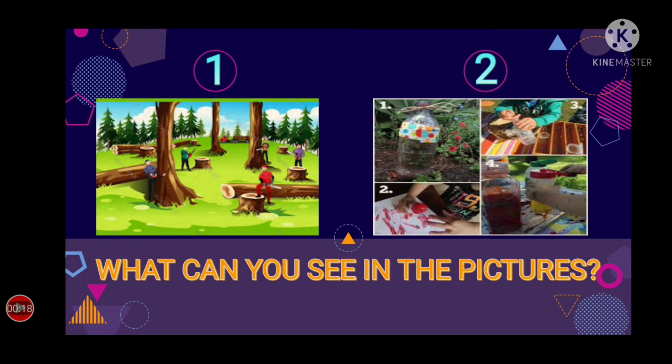What are they doing in the first picture? Yes, they are cutting trees. How about in the second picture? Yes, they are recycling. Do the pictures show changes in materials? Excellent. So, the pictures show changes in materials.